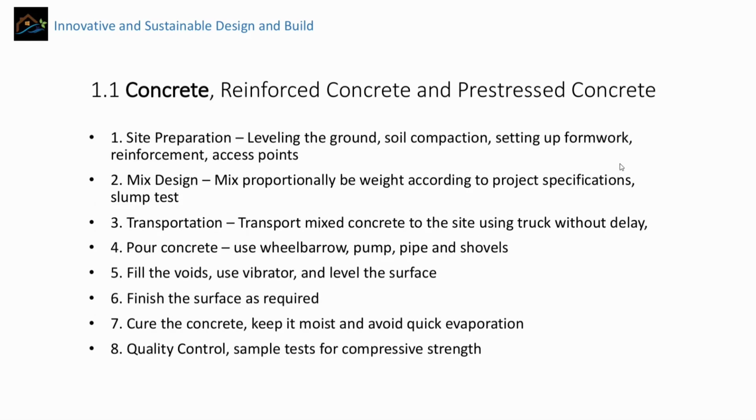How we prepare concrete and how we use it might take some stages and a process. First, we need to prepare the site. We need to prepare, for example, beams or columns, slabs, foundations, any type of elements that we want.